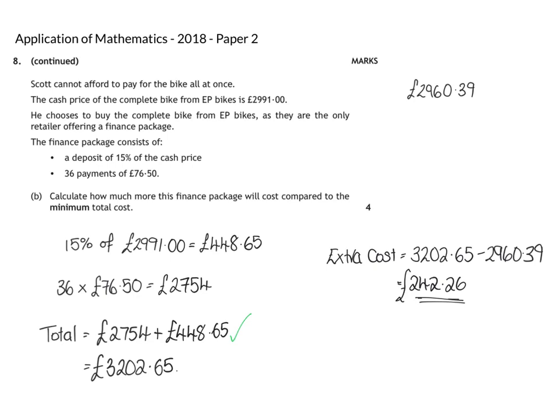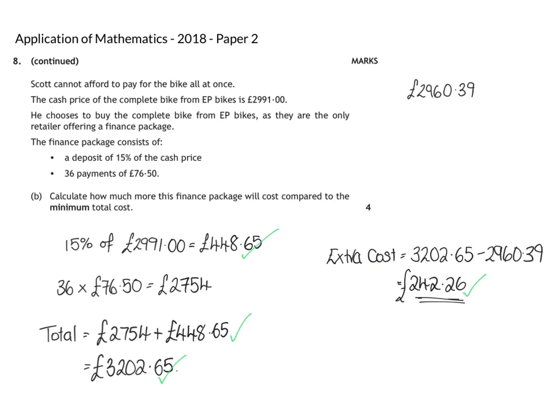So your first mark was there. Your second mark is for 15%, so the £448.65. The third mark for this part of the question is for getting to the total cost of the finance package. And then your final mark for this question is for getting to the answer for the extra cost being £242.26.